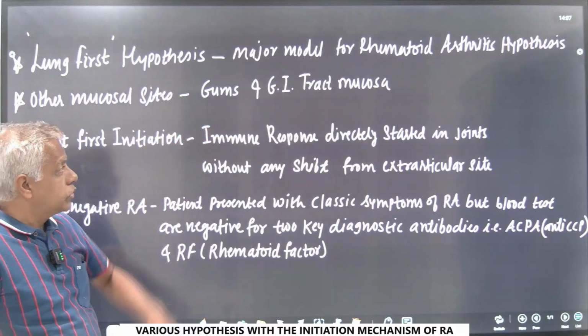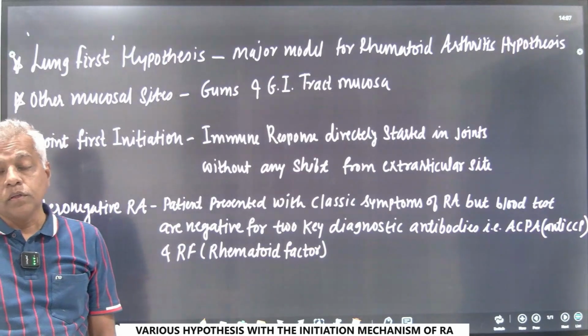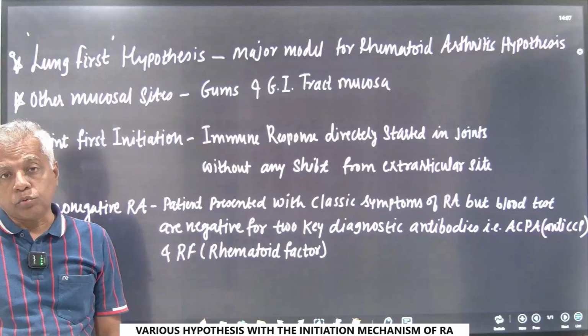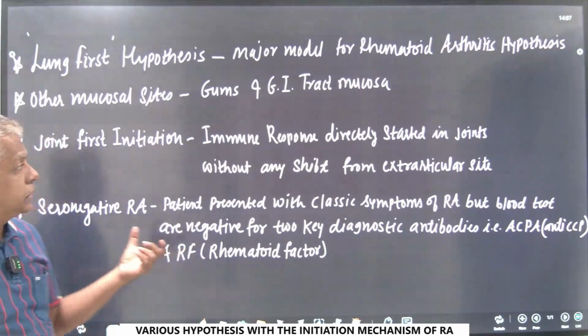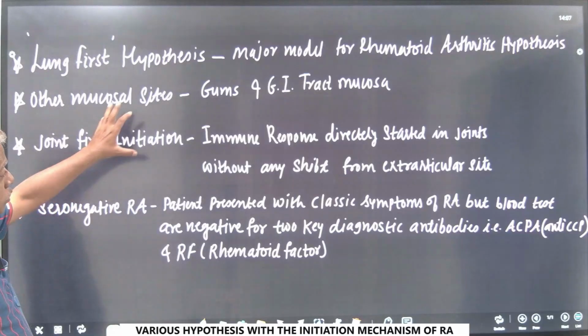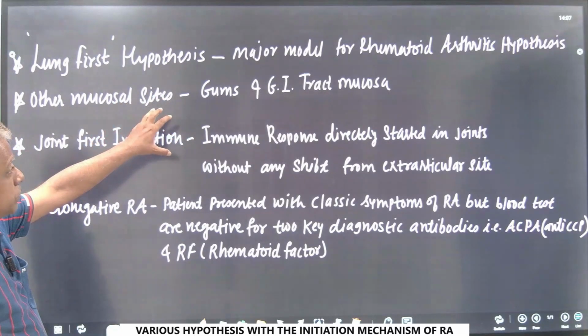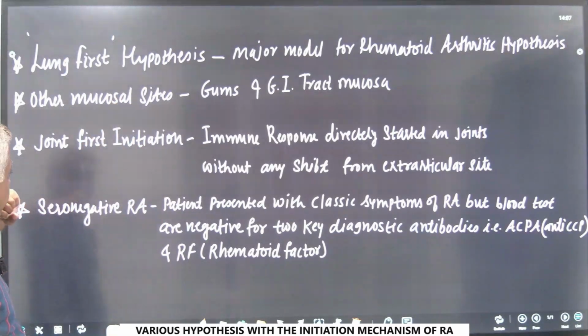And also various GI tract infections can cause the beginning of this disease in the mucosa of the GI tract. So these two sites, gums and GI tract, sometimes may be involved in this mechanism of rheumatoid arthritis.